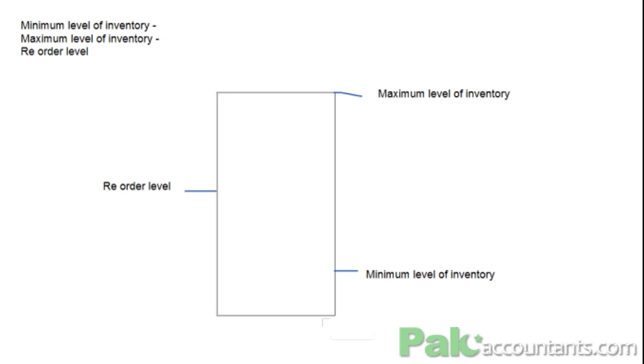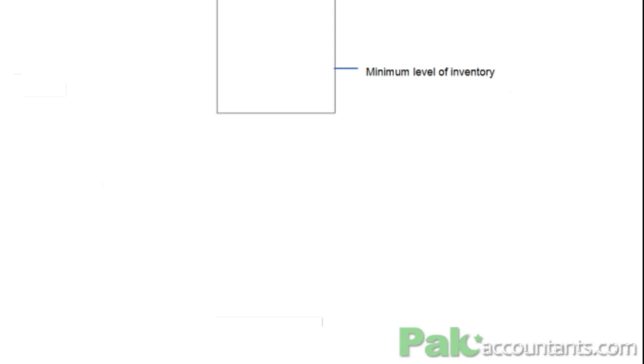In order to calculate your maximum inventory, we have the formula for that, which is reorder level plus reorder quantity minus minimum lead time multiplied by minimum consumption of inventory.